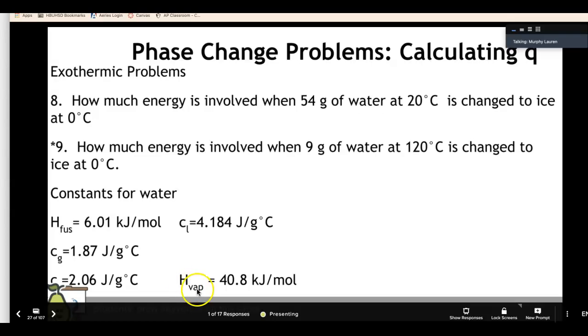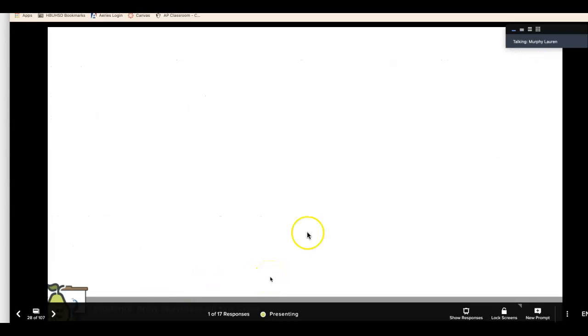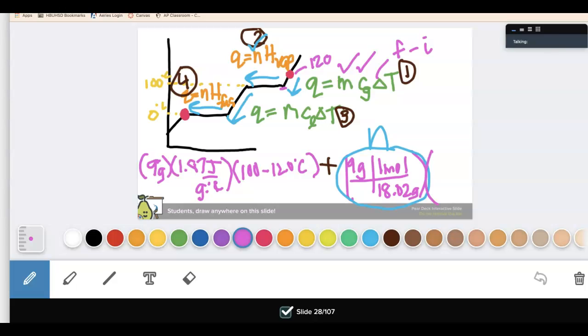So if you go back over here, H of vaporization is 40.8 kilojoules per mole. So you'll look at grams cancel, moles cancel, and you're left with kilojoules. And my first number came out in joules. Sorry, I know that this is hard to see because I ran out of room. 1 kilojoule is 1,000 joules. Now, be careful.